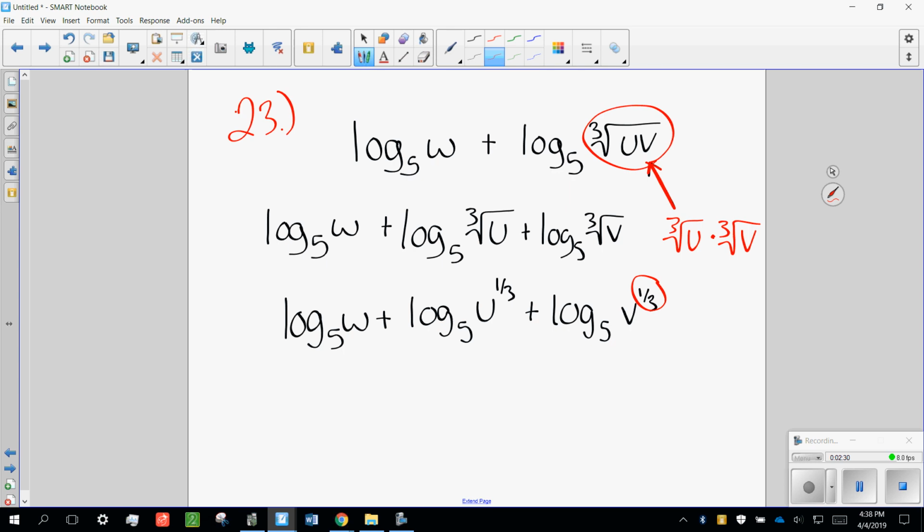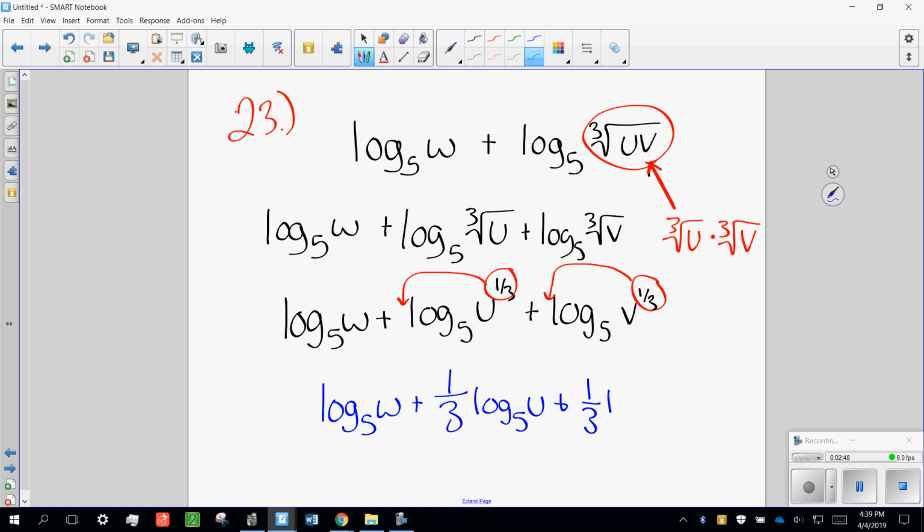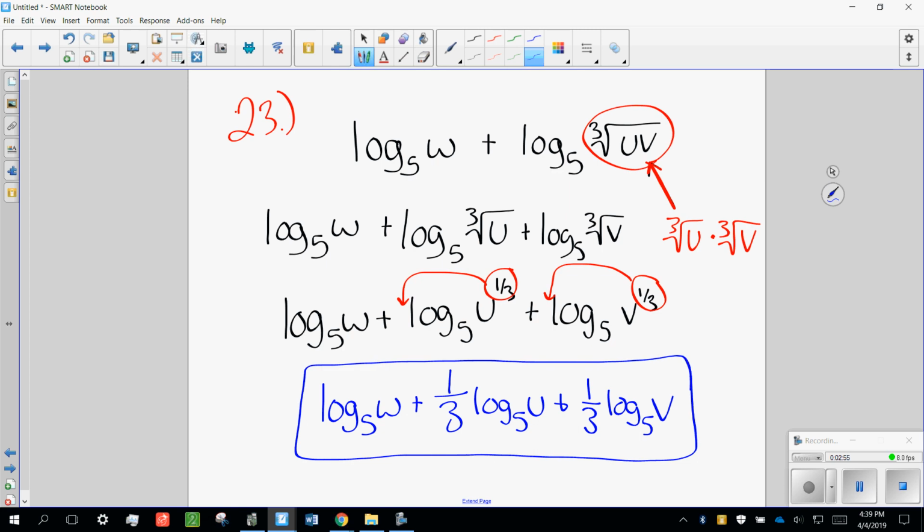So now you should see that we have these powers which we can bring out in front of the log, which would give us a final answer of log base 5 of w plus 1/3 log base 5 of u plus 1/3 log base 5 of v. And you can leave your answer like that.